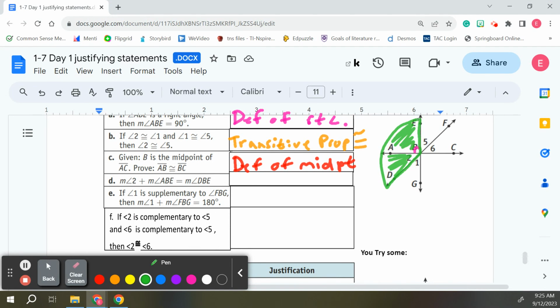Well, we've got two angles and what's the operation they're doing? They're adding. So we have angle, we have addition. Absolutely, it's the angle addition postulate. Very good.